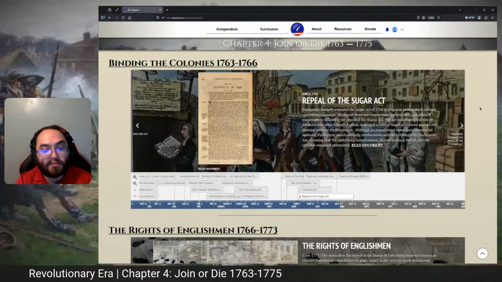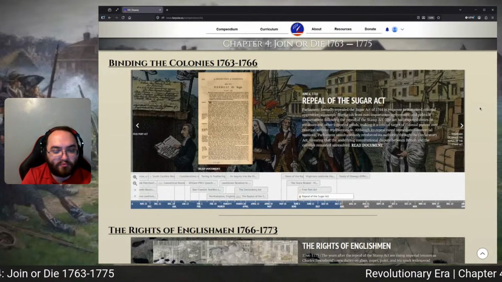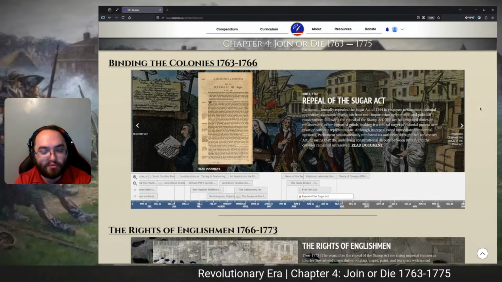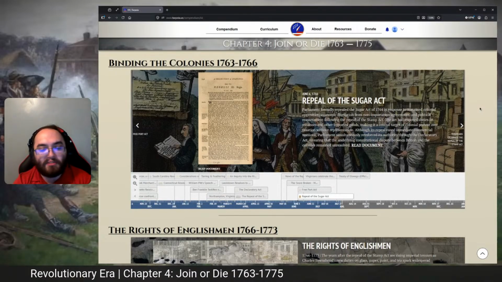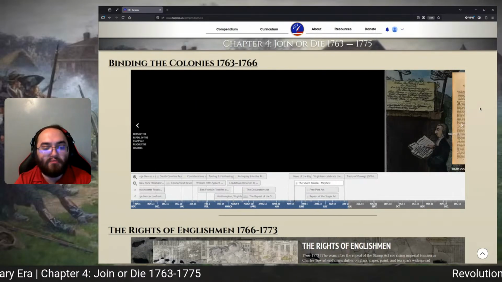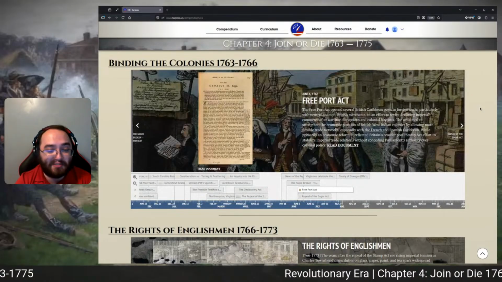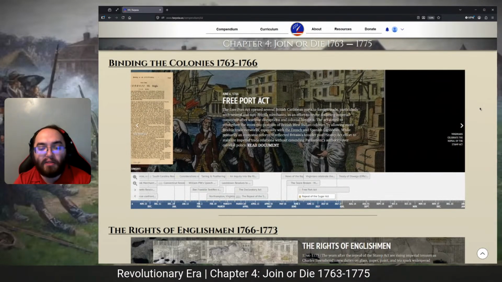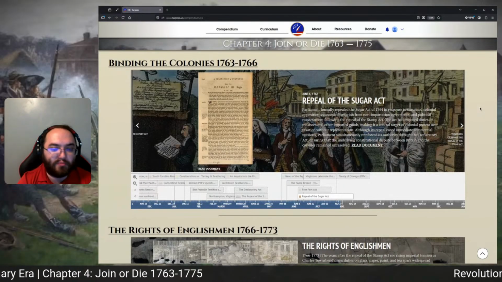So the Sugar Act, which started this section, at least was the first British policy that this section includes, is repealed by the end of it. And it's repealed right around the same time as the repeal of the Stamp Act, but also the passage of the Declaratory Act. And then the Freeport Act just opened up trade with some of the Caribbean colonies and the North American colonies.